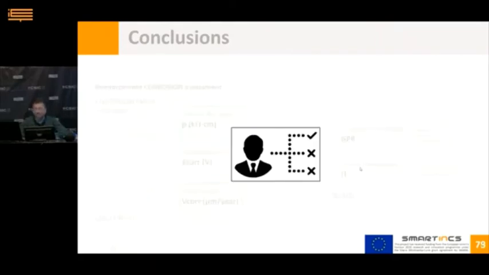So in our hands as engineers, technicians, or researchers is to select the most appropriate combination of techniques for each case.